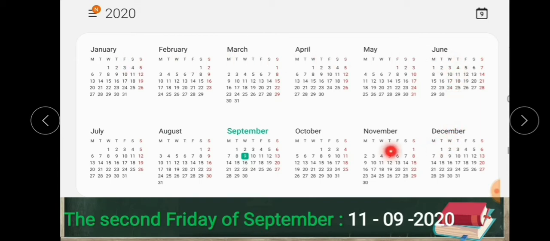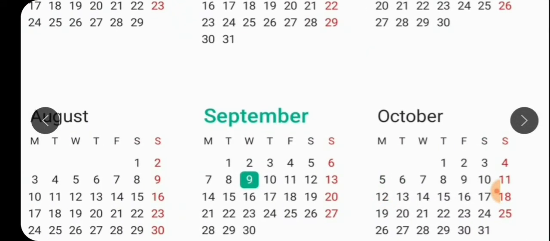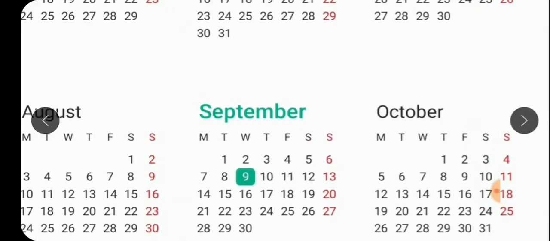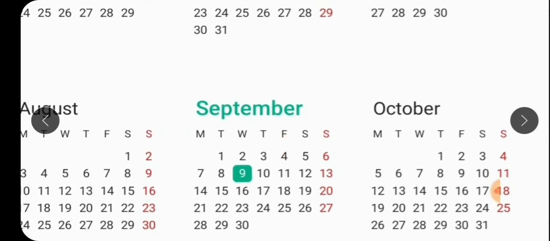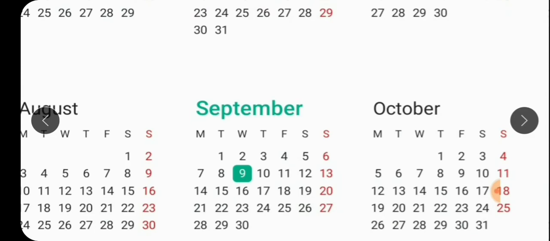This is the calendar of the year 2020 and this is the month of September. Start from Tuesday. September 1 is Tuesday. Wednesday 2nd, Thursday 3rd, Friday 4th is the first Friday of September. Then which is the second Friday? Yes, 4th is the first Friday and 11 is the second Friday.